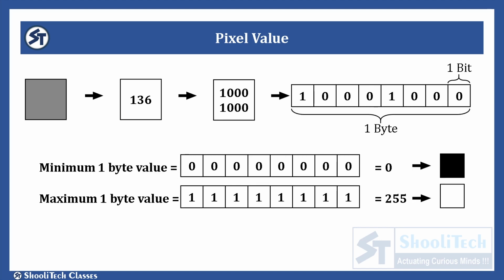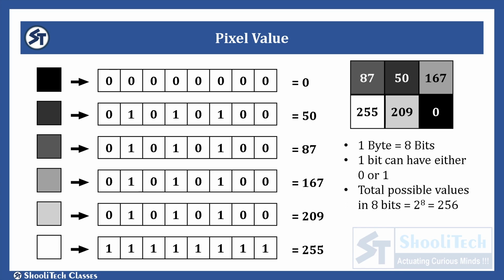Now we need to understand why we have 255 as the maximum value. Well, each pixel uses 1 byte of an image, which is equivalent to 8 bits of data. Since each bit can have two possible values, either 0 or 1, the minimum value that a byte can have is obtained if all the 8 bits are 0, and then the value that comes out is 0, and the maximum value is obtained if all the 8 bits are 1, then the value that comes out is 255.